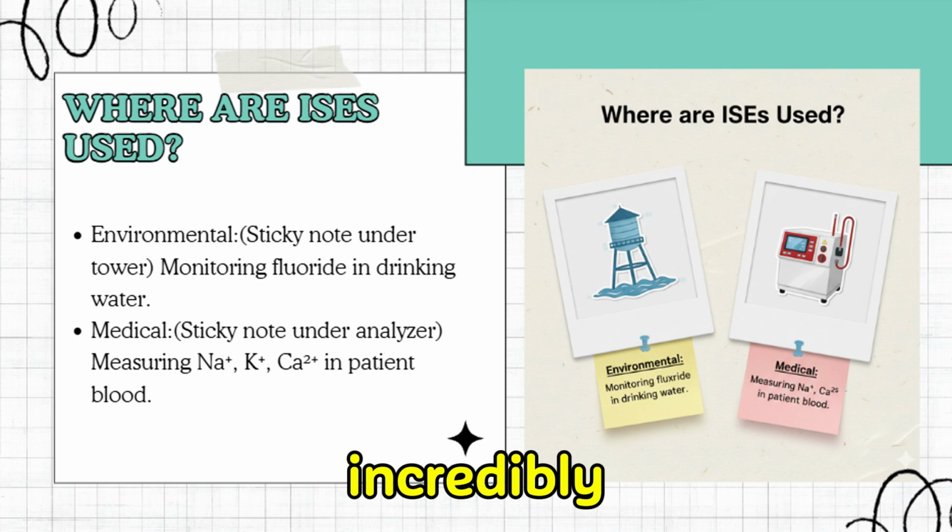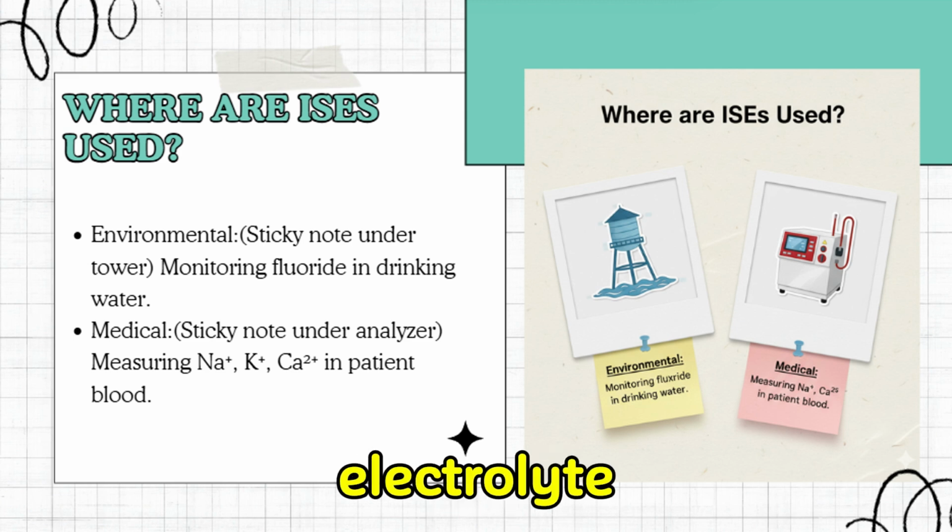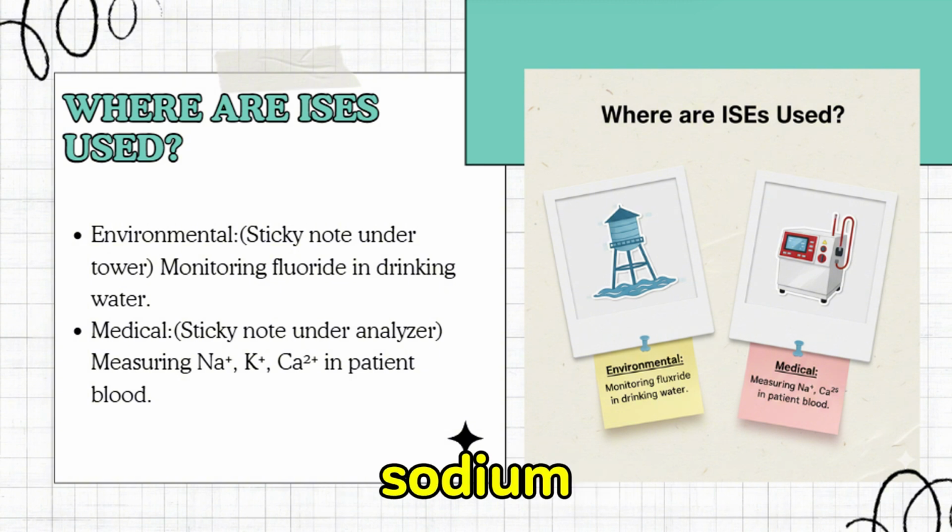These are incredibly important in both environmental and medical fields. Municipal water treatment plants use ISEs to ensure the correct amount of fluoride is in our drinking water. In hospitals, blood gas analyzers use ISEs to measure critical electrolyte levels like sodium, potassium, and calcium in a patient's blood sample, providing life-saving information in minutes.